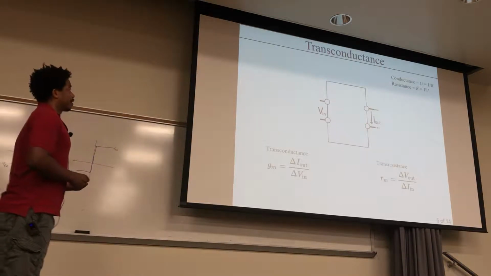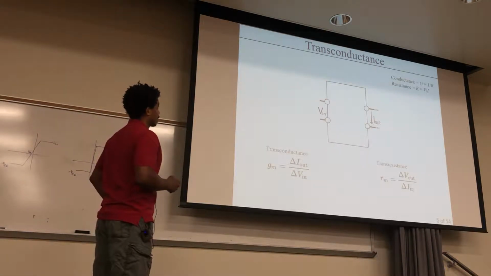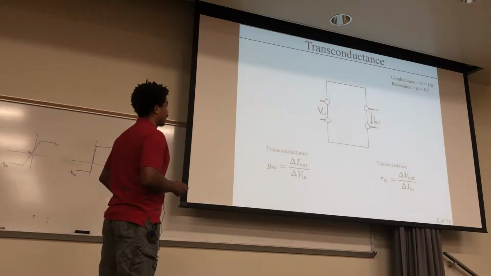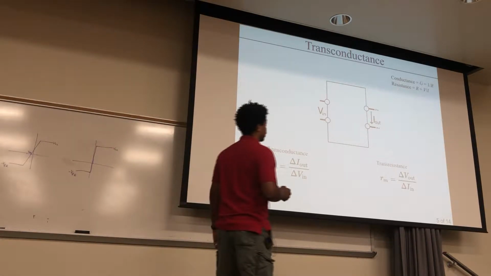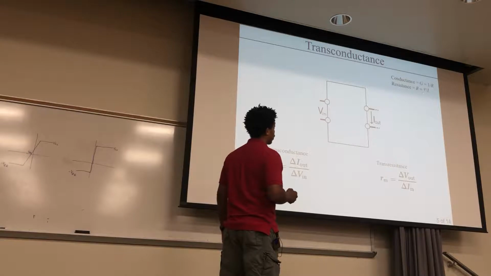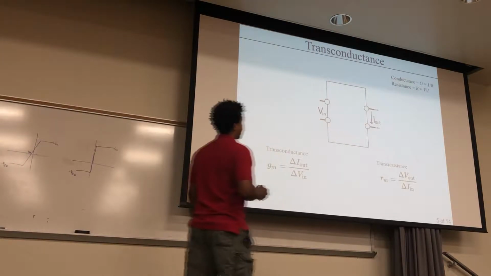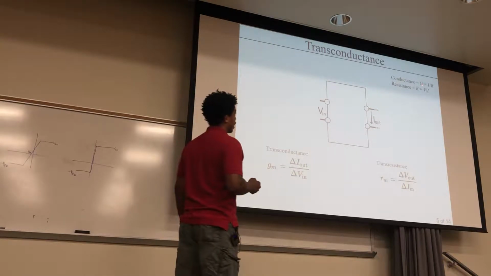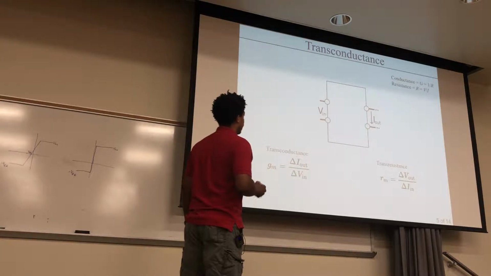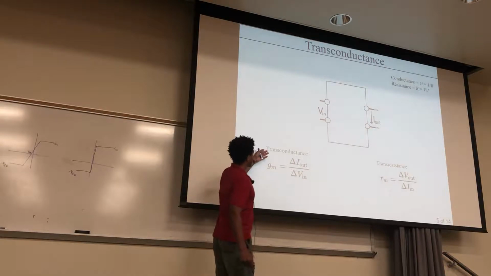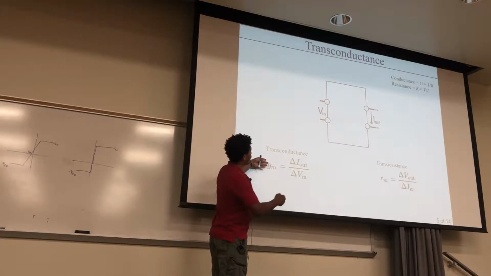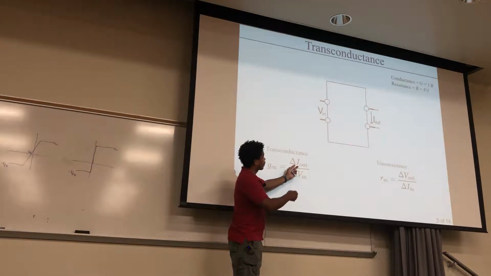So a little bit about transconductance, just to remind you guys. We know about resistance, right? Resistance is voltage over current, and conductance is the inverse of this. Now transconductance is typically applied to a situation like this, where you're looking at two terminals, like a two-port.